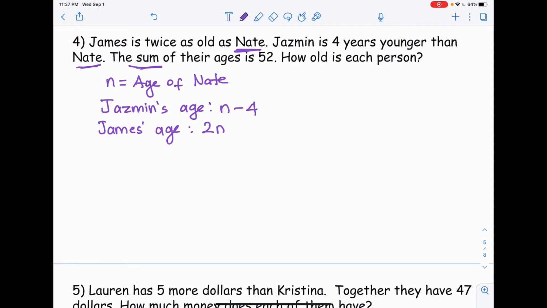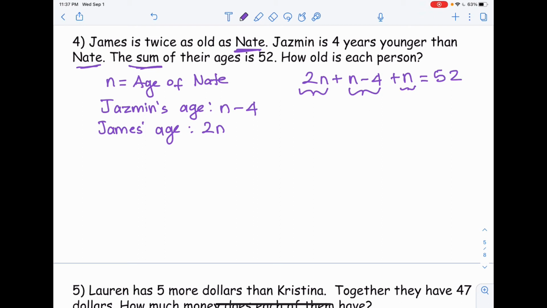So 2N plus N minus 4 plus N will be 52. So this is James' age, this is Jasmine's age, and this one is Nate's age.